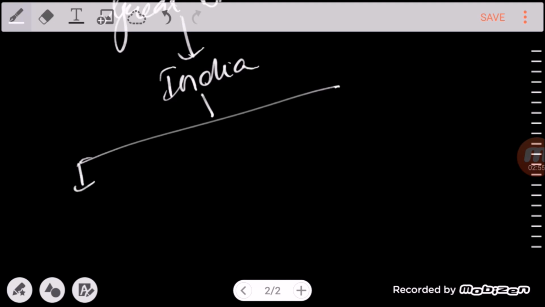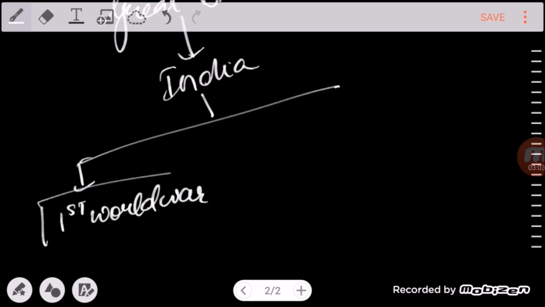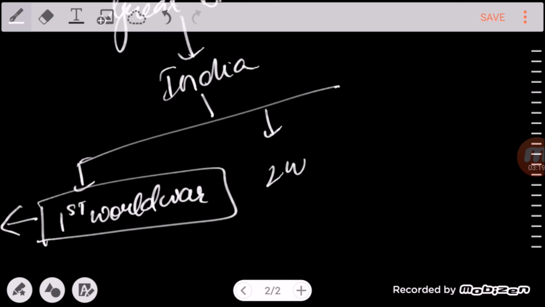Number 1, the period prior to the First World War. The second is the period between the two world wars, up to independence.